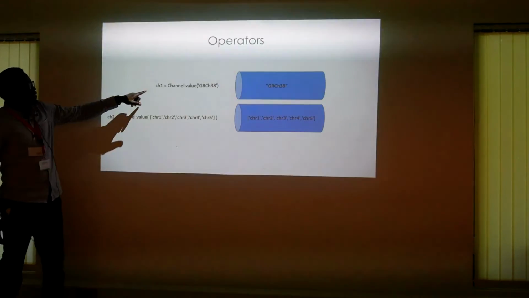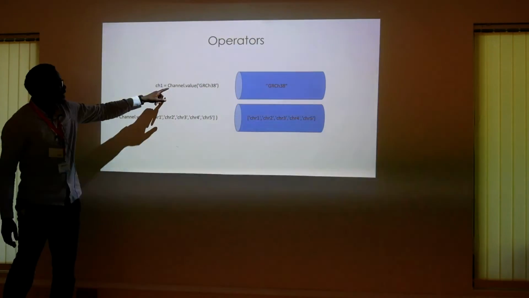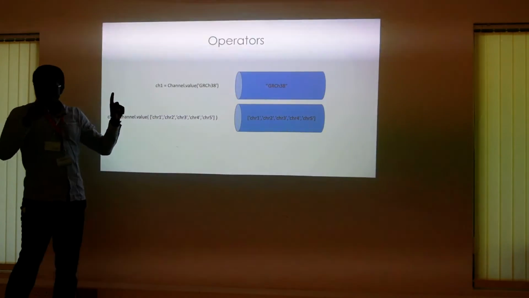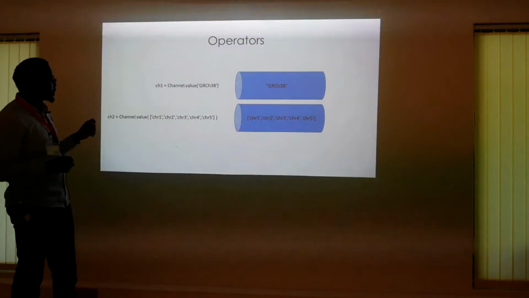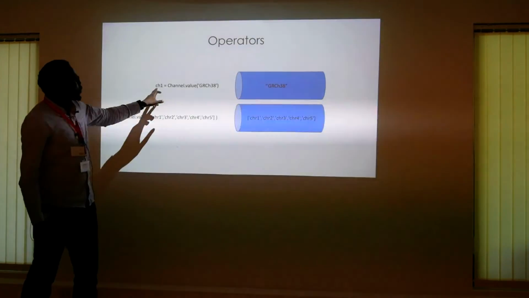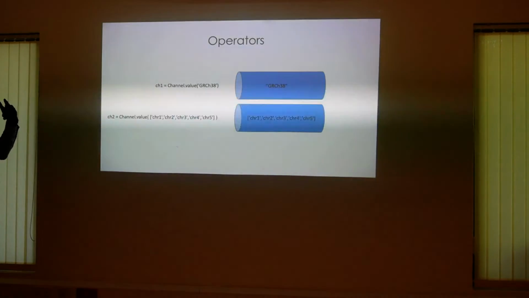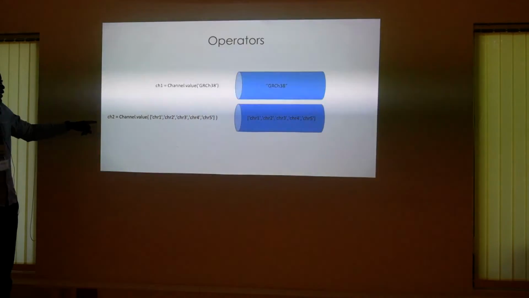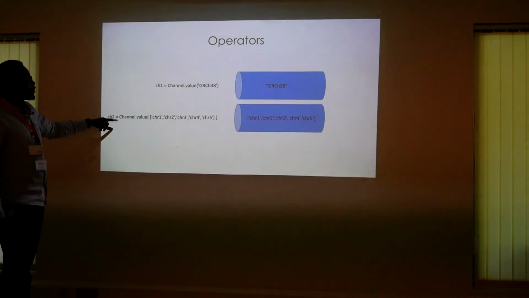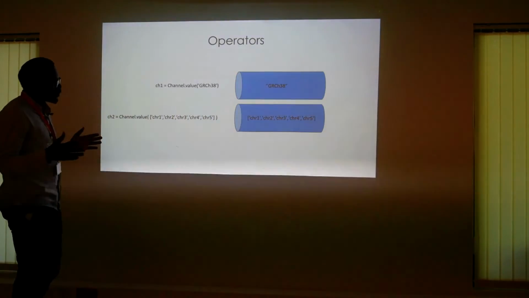So you just do a simple syntax like this: channel value. They are in round, how do you call them? Round brackets. So this will qualify to be a single value channel. When you look at the second one, it's still a single value channel, but it takes in a list of files.